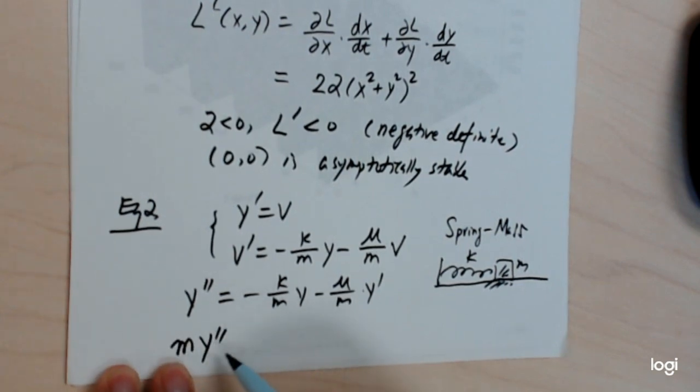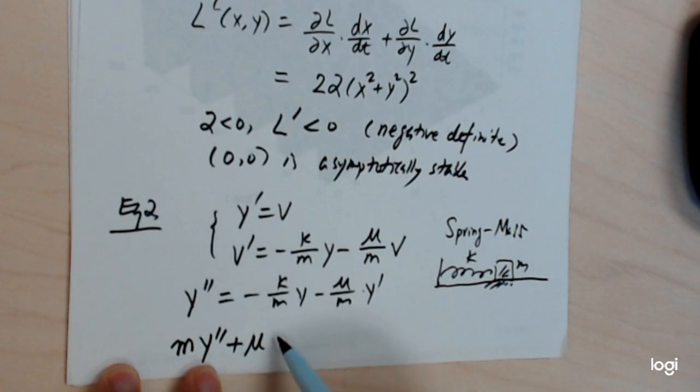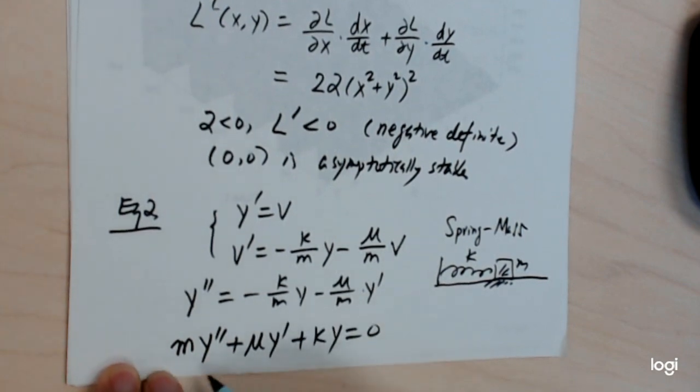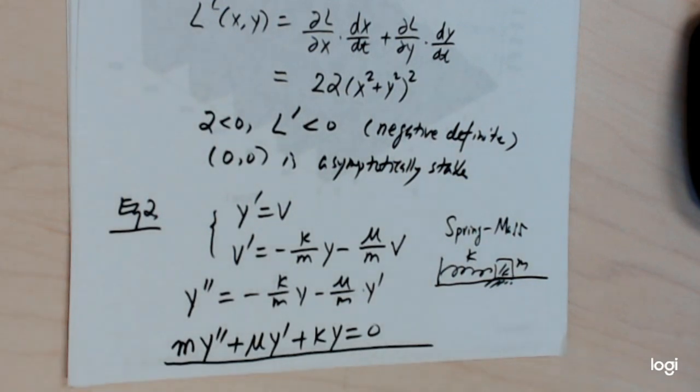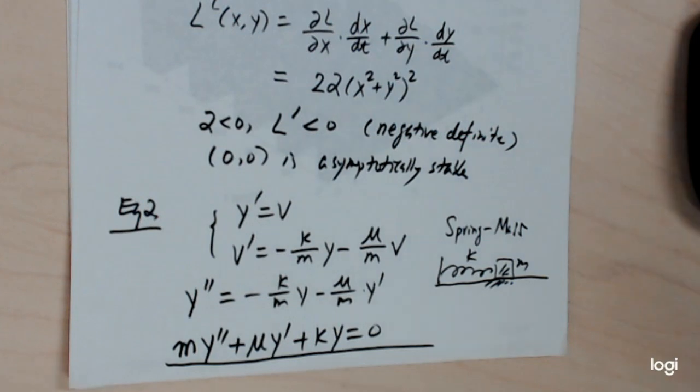Multiply m across and move terms around. You get this second order ODE that you have probably seen before, that has constant coefficients m, mu, and k. Okay, m, mu, and k. So you should be able to solve this.